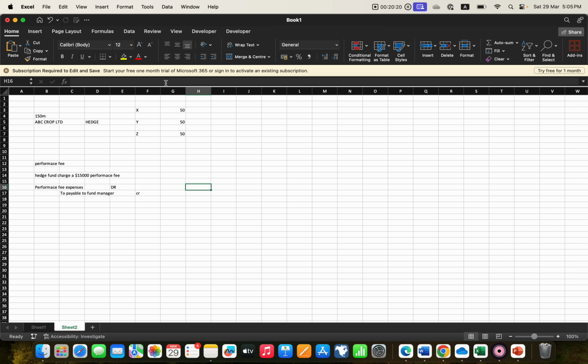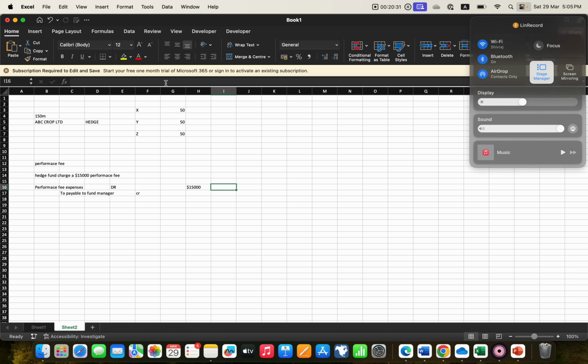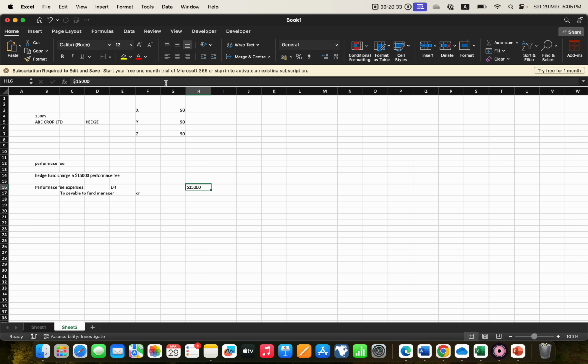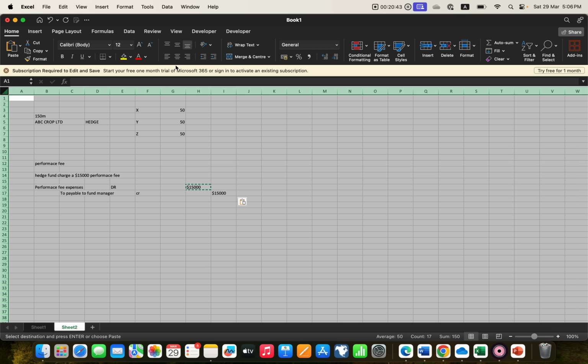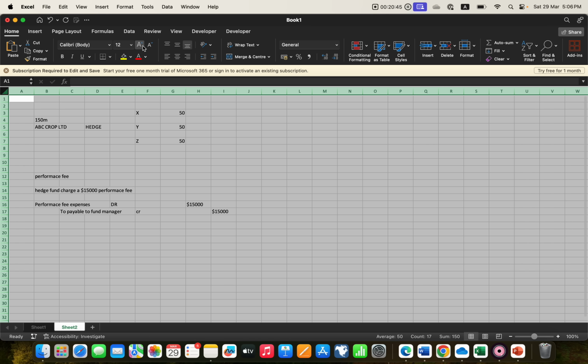So here the amount will be $15,000. This is how the entry will be passed for the performance fee. You can include other fees as well. The same entry will be passed.